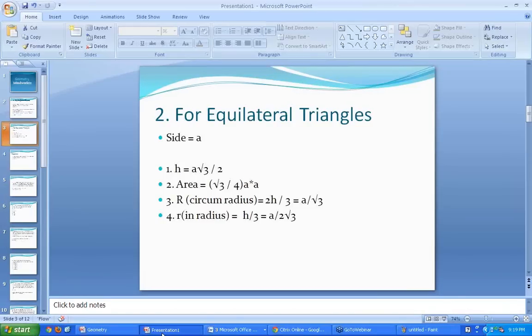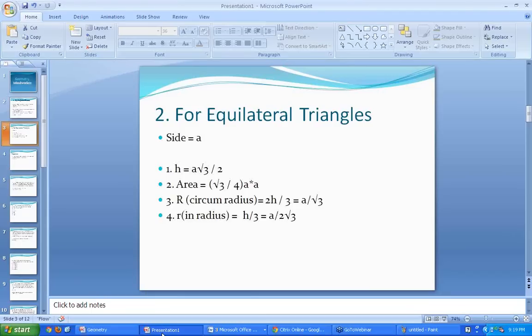Now from the previous figure, you can be pretty sure that circumradius will always be greater than in radius for a particular triangle, right? That is why circumradius is shown by capital R and in radius by small r. So circumradius would be 2h by 3 or a by root 3.